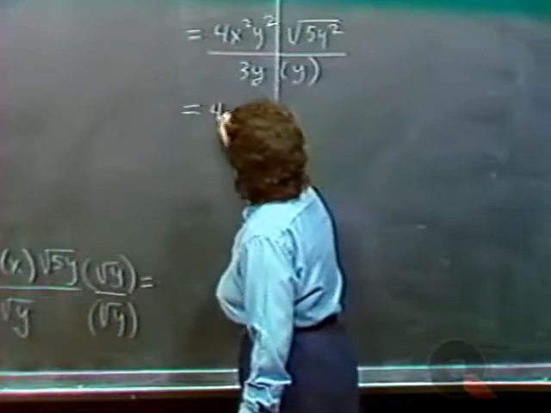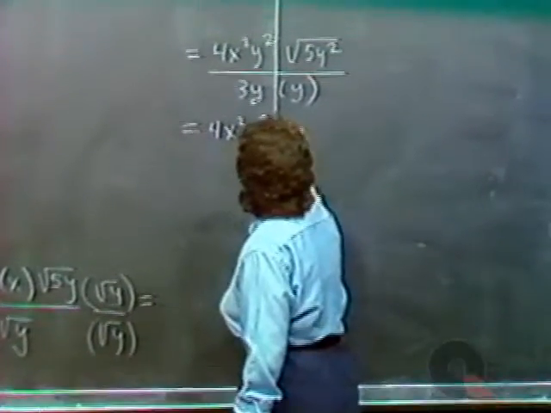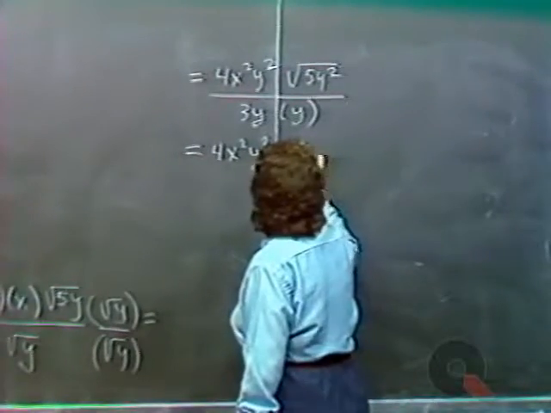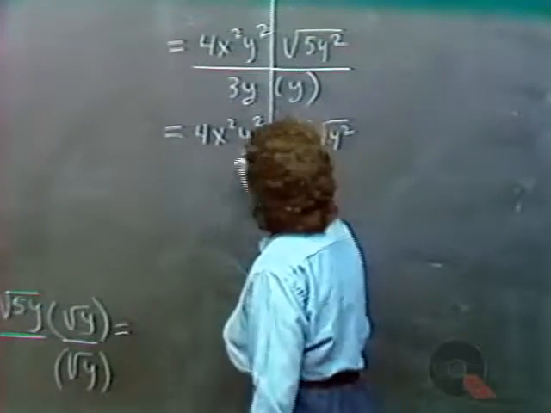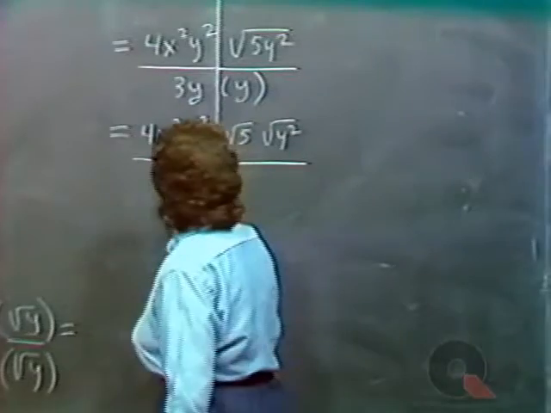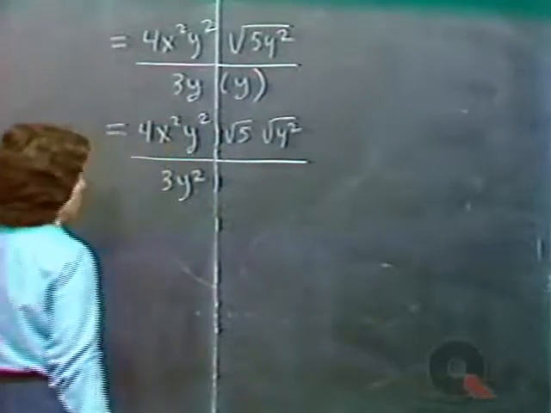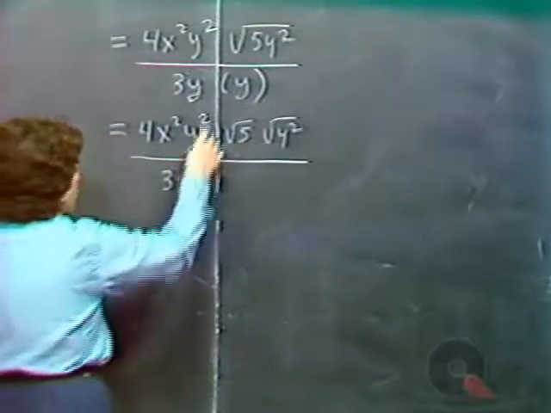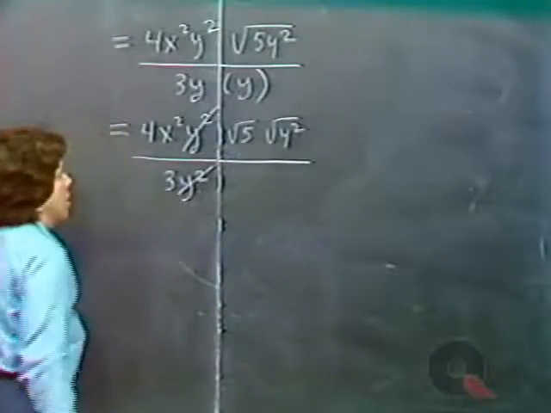This is 4x squared y squared, the square root of 5 times the square root of y squared over 3y squared. We can divide numerator and denominator by y squared.